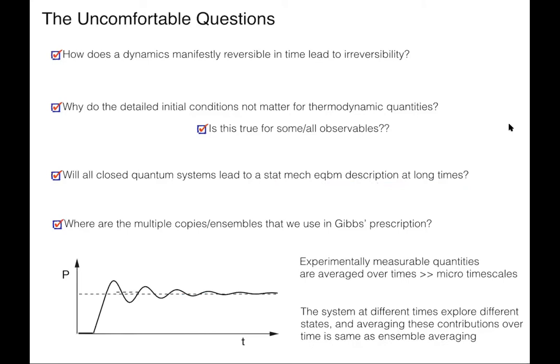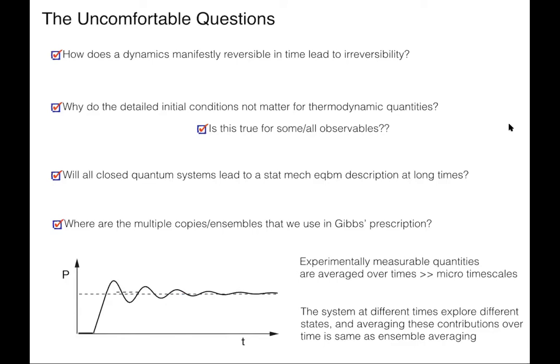And then you make a very, very radical assumption. The system at different times explores all the different states. And the way it explores, if you average the quantity that you have measured over time, this averaging is the same as the ensemble averaging that Gibbs is asking you to do.